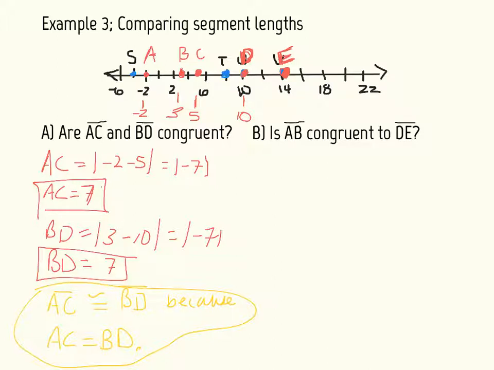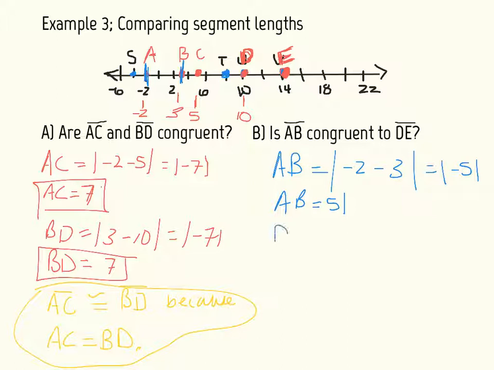Next example, we have AB, so A and B, and DE. So AB is negative 2 minus 3. So negative 2 minus 3 is equal to the absolute value of negative 5. So AB equals 5.